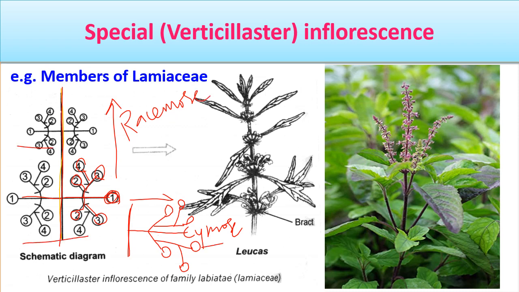So this is a mixture of cymose and racemose, hence this is a special type of inflorescence, and this is called the verticillaster type of inflorescence, which you can see in the members of Lamiaceae. Here a well known plant of the same family is shown, and this is Ocimum. The Marathi name of this is Tulas.